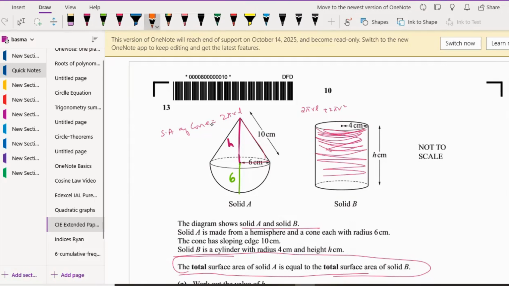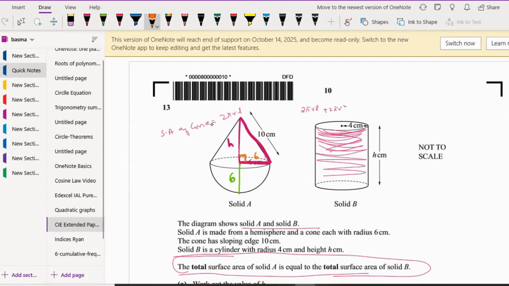Okay, h. You can look at this right angle triangle inside the cone. This angle is 90 degrees, you have two sides, and you want to find the third side. You can apply the Pythagoras theorem here.